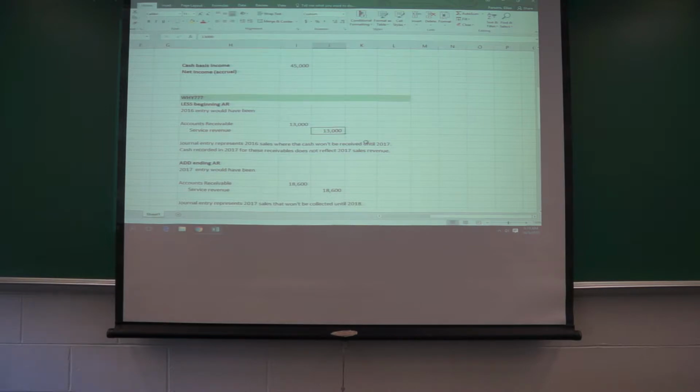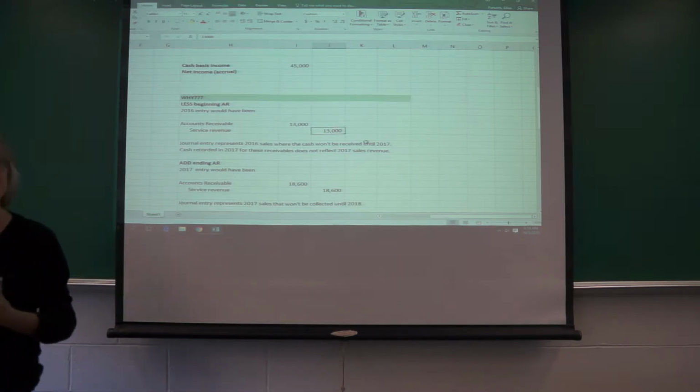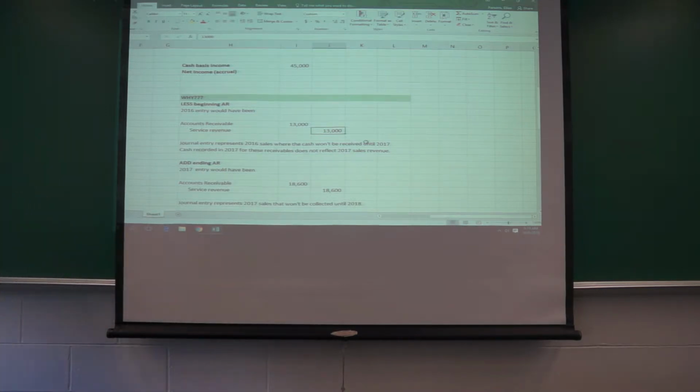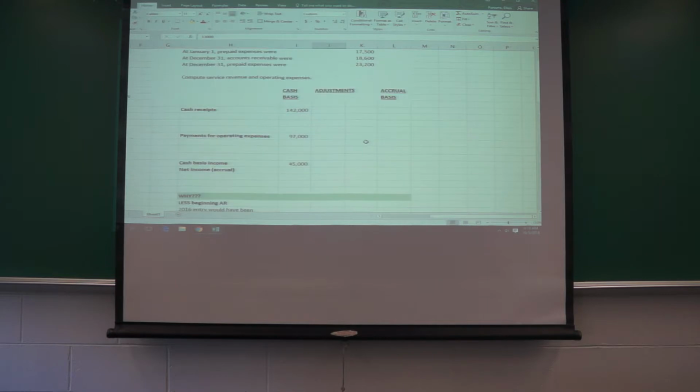So this $13,000 is really 2016 revenue, but the cash is going to come in 2017. So in order to adjust this, we have to reduce this by the $13,000, okay? Because that represents cash that will come in 2017, but the sales were really last year.